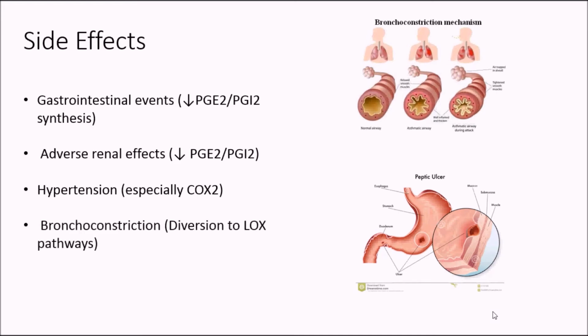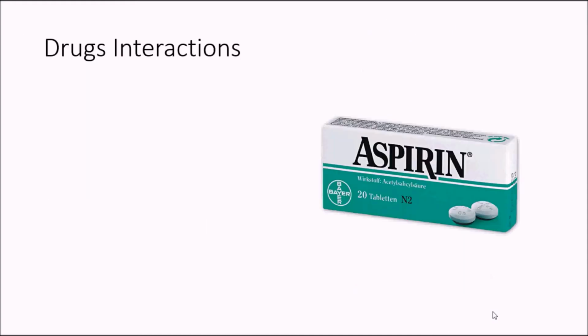Finally, the use of COX inhibitors causes diversion in the cascade from the COX to the LOX pathway, increasing the production of leukotrienes, a potent bronchoconstrictor. Around 5% of patients who use non-steroidal anti-inflammatory drugs experience aspirin-sensitive asthma.